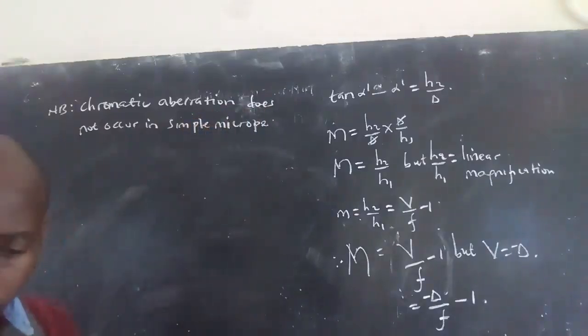So they can ask you to explain why it does not occur. So what we shall do, we shall just draw our diagram. Okay? We shall have our diagram.